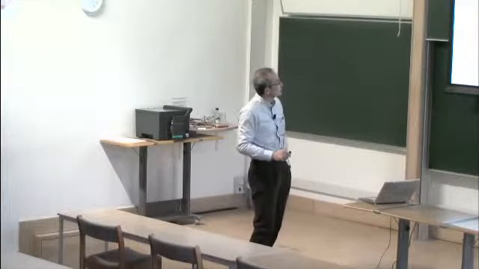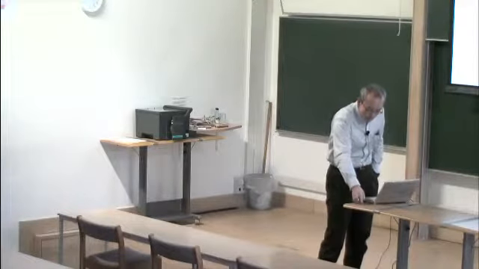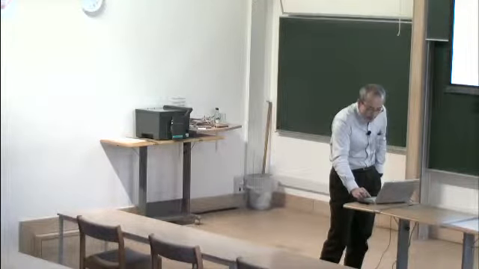For example, this is a pointwise moment, the point value, and the derivative at this point. And also you can have a volume integrated quantity. Here is the integrated moment, a volume integrated average, and then you can also include some other kinds of variations there.